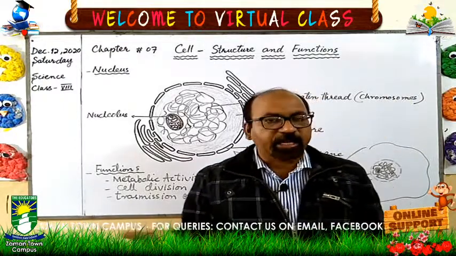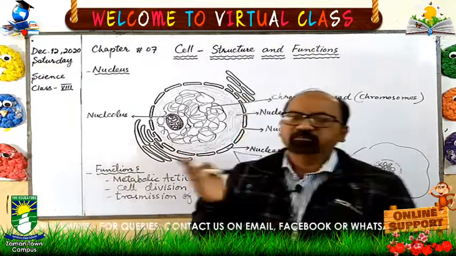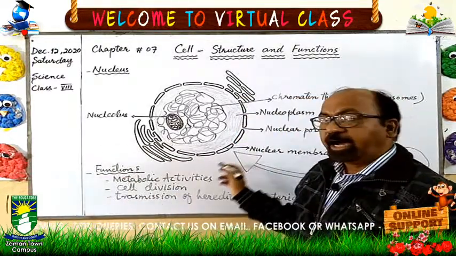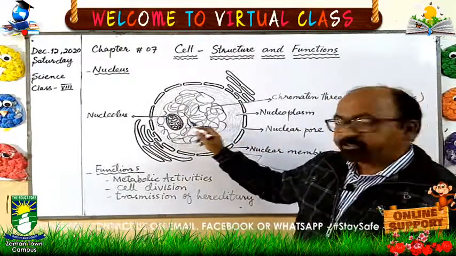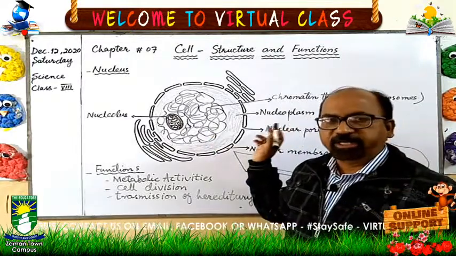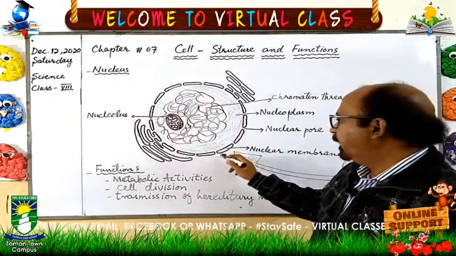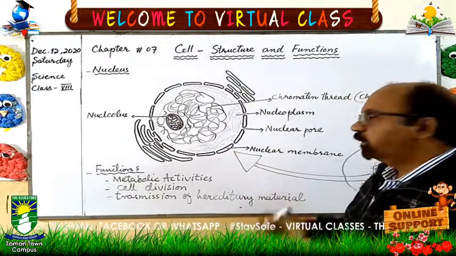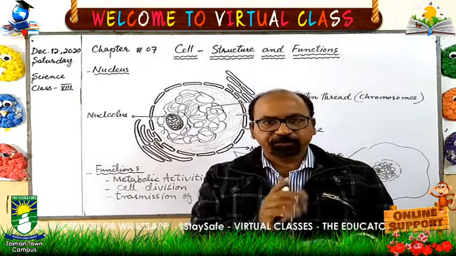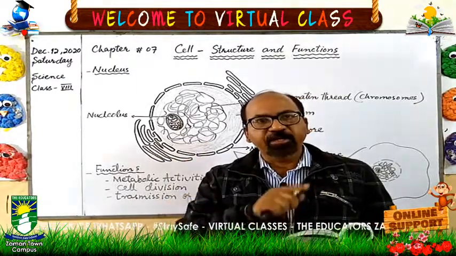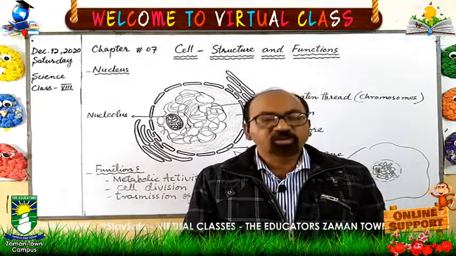And the other type is called the eukaryotic cell, and eukaryotic cells are the cells having a nuclear membrane. Meaning the thread-like structures, chromosomes, chromatin threads, are present in a surrounding layer, and this layer is called the nuclear membrane. All the cells having a nuclear membrane in their nucleus are called eukaryotic cells.